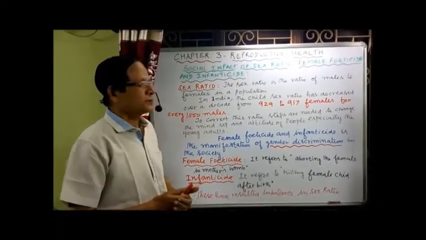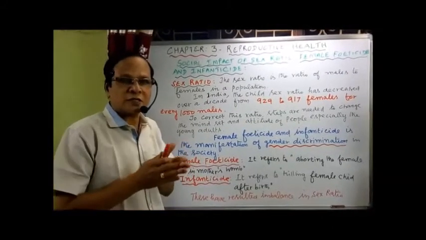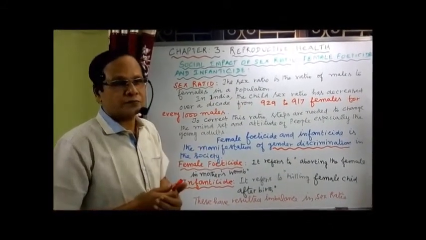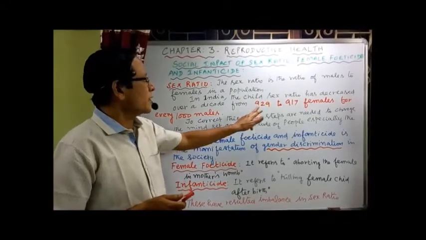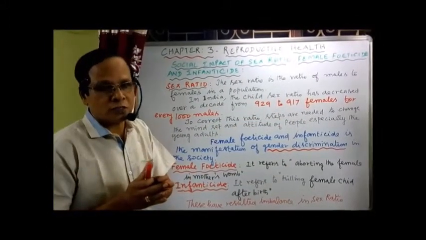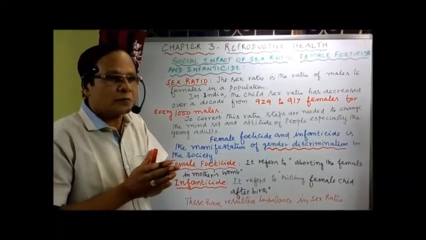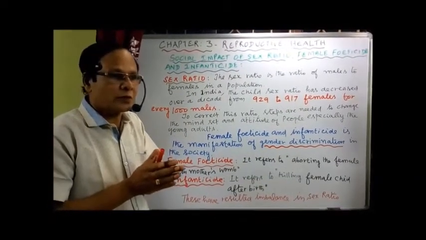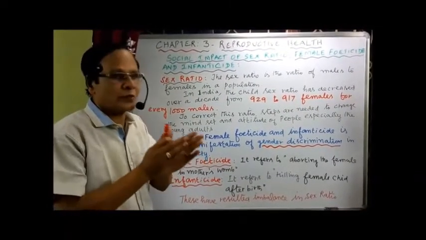Now in India, the child sex ratio has decreased over a decade, from 929 to 917 females for every 1000 males. That means the number of female children, and of females normally, is less when compared to the males.